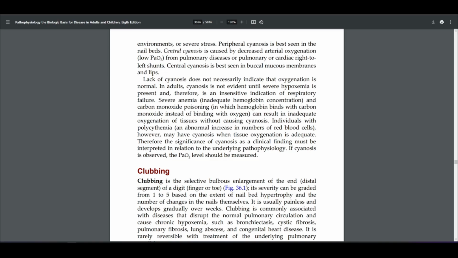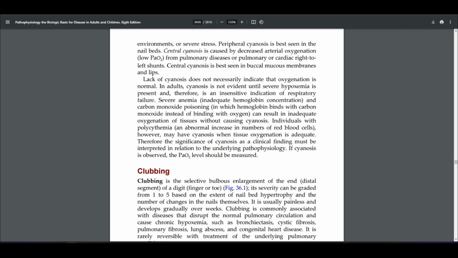Lack of cyanosis does not necessarily indicate that oxygenation is normal. In adults, cyanosis is not evident until severe hypoxemia is present, and therefore is an insensitive indication of respiratory failure. Severe anemia and carbon monoxide poisoning can result in inadequate oxygenation of tissues without causing cyanosis.